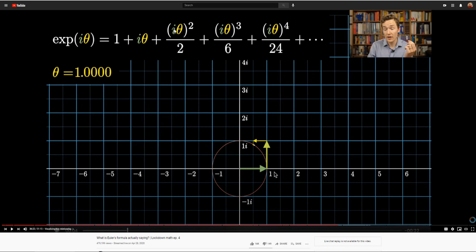Now we have I squared over 2. So that's going to be moving -1/2, because the I squared turns into -1, and over 2, so -1/2.